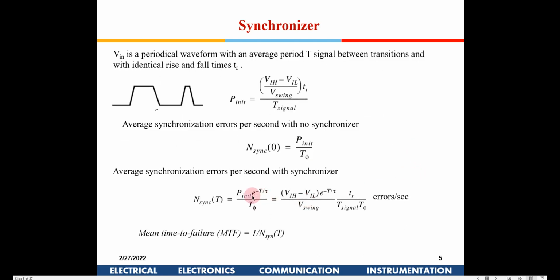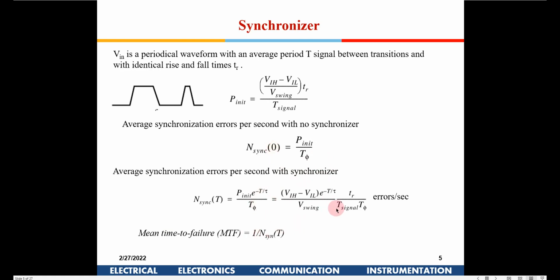So if you introduce that e to the power of -t by tau here, that is, if I am using a synchronizer for a waiting period t, then the probability of error you have to multiply by e to the power of -t by tau, where t is the time period for which it is waiting in the synchronizer. n sync 0 is for t equal to 0, or you can say if no synchronizer is used.